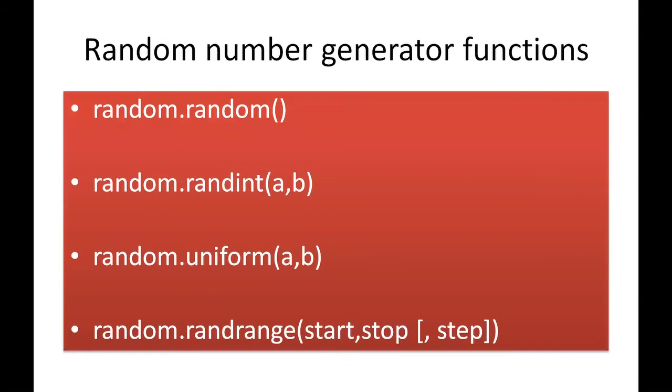Now let us look at the functions which random gives. Random has four functions, namely random.random, random.randint, which takes two parameters A and B, random.uniform, which takes two parameters, namely A and B, and one more function called random.randrange, which has either three values: start, stop, step, or two values, namely start and stop.